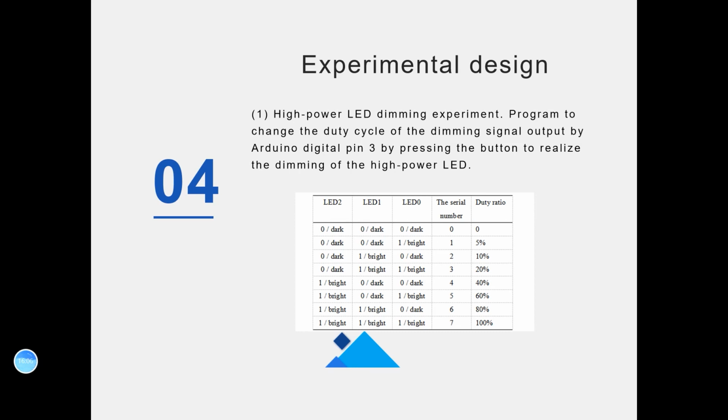Measure the working current of the high power LED at different duty ratios, and draw the curve of duty ratio and working current, so students understand the relationship between LED working current and the dimming duty ratio.